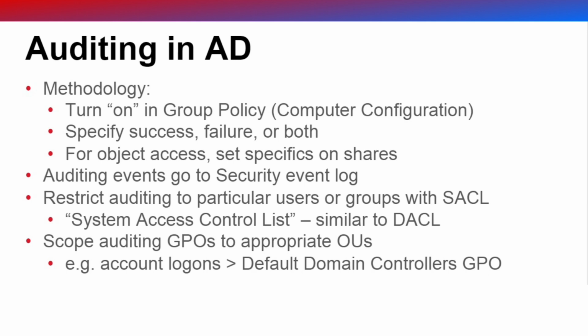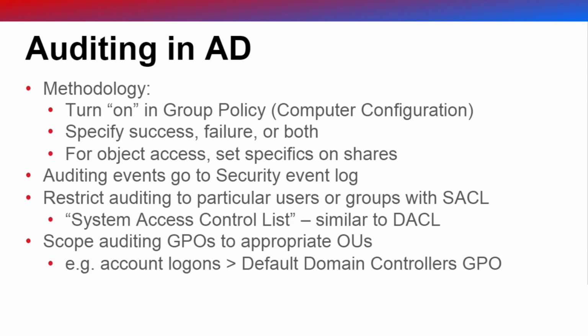So all of these auditing events that Windows servers and clients can generate will go to the security event log for the relevant system. Now, we can restrict auditing to particular users or particular groups to cut down on the volume of this information with a special kind of access control list. It's called a SACL, System Access Control List.